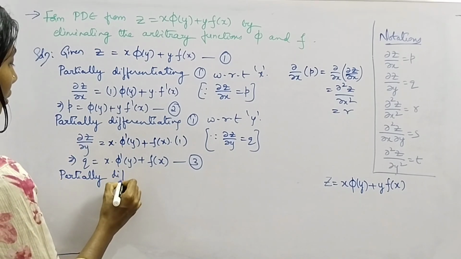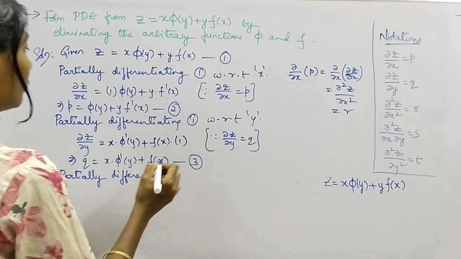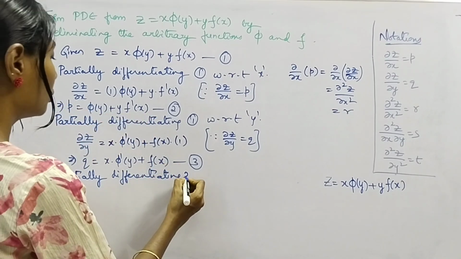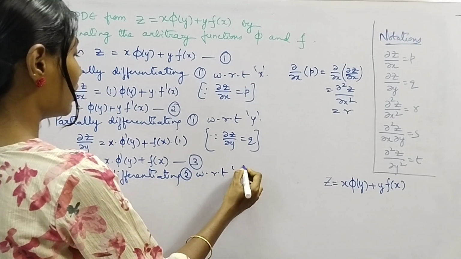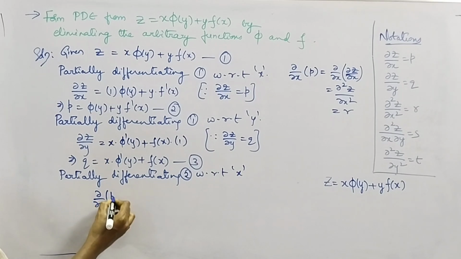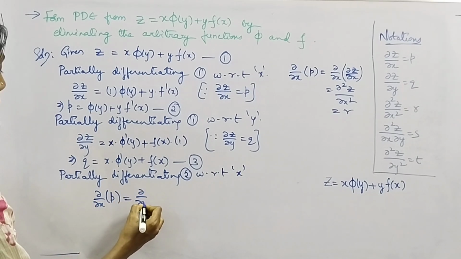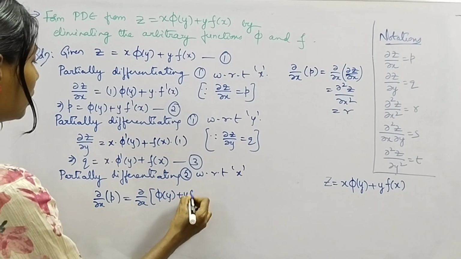Partially differentiating equation number 2 with respect to x. What I'll get? Dou by dou x of p equal to dou by dou x of the RHS of p.